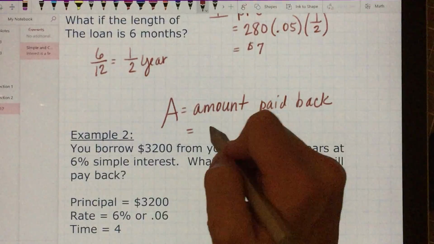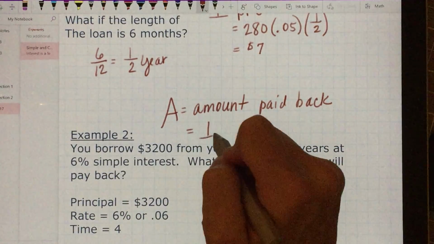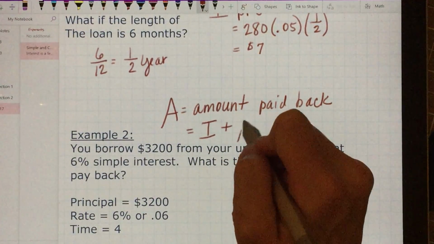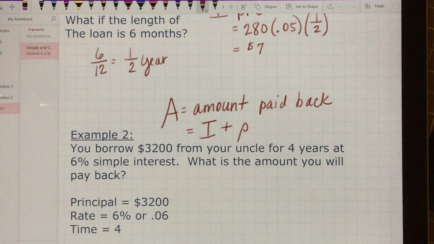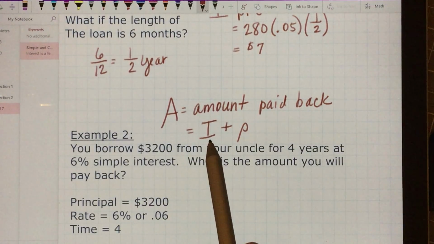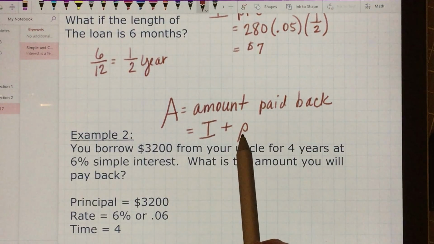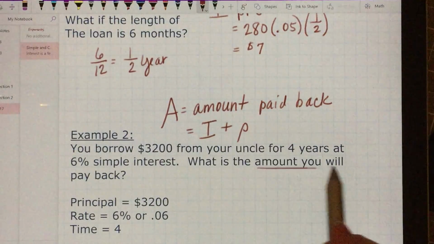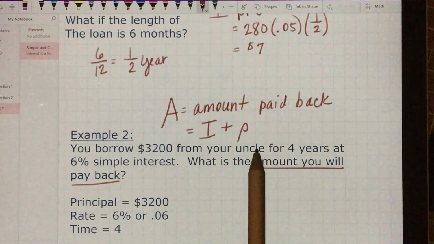A is going to be equal to the interest plus the principal. So first we have to find out what is the interest, and then add that amount to the principal to get the amount you will pay back.